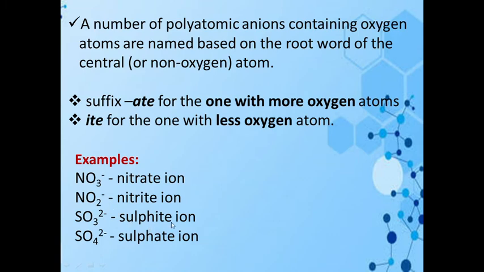While the sulfite ion has 1 sulfur and 3 oxygen, the sulfate ion is composed of 1 sulfur and 4 oxygen. So in the sulfate ion, there is more oxygen than in the sulfite ion.